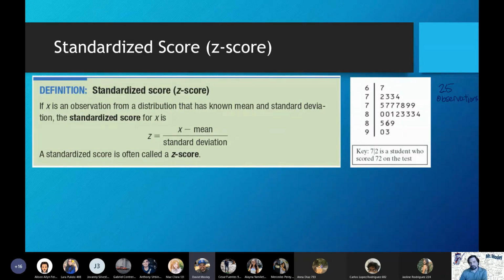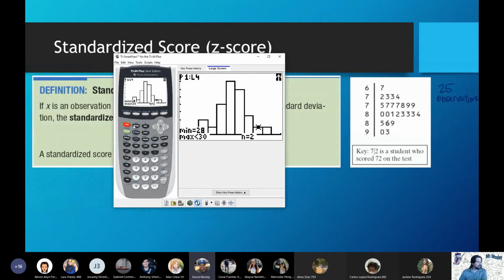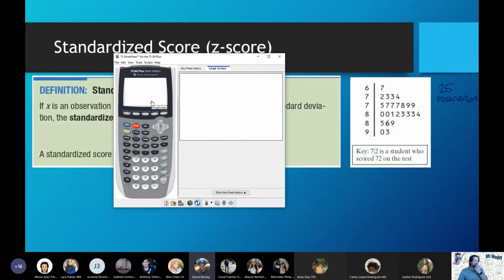The easiest way is to get out our trusty graphing calculator and have it do our work for us by adding our data.